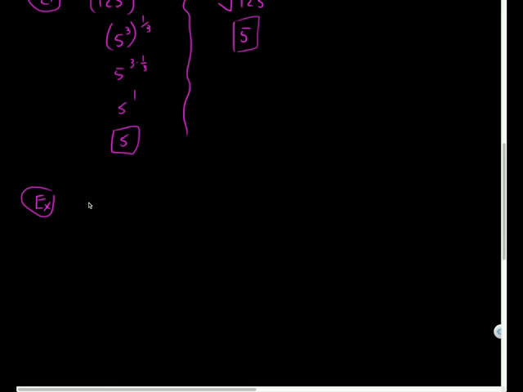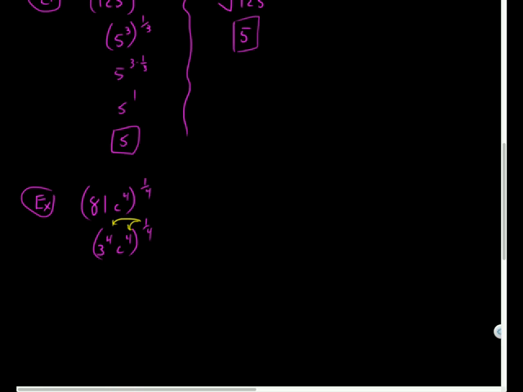What if I've got 81c to the 4th, all to the 1/4 power? So whether I work with these in terms of exponents or break them into radicals, it technically doesn't matter. I'm going to do some simplification here first. 81 can be written as 3 to the 4th times c to the 4th, all to the 1/4 power, and then I would distribute here.